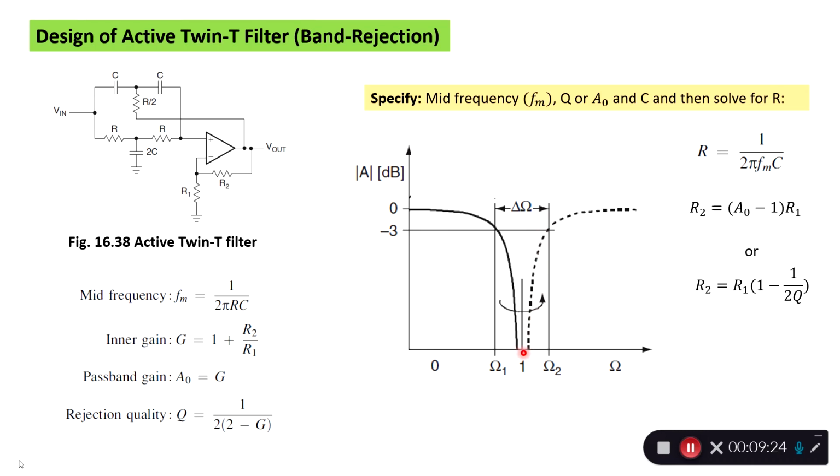So how many side frequencies are we interested in letting pass? So finding R is done by solving for R on this equation. And then we can find R2, either by A0 minus 1 times R, or we can find R2 based on a R1 value, and then 1 minus 1 over 2Q.